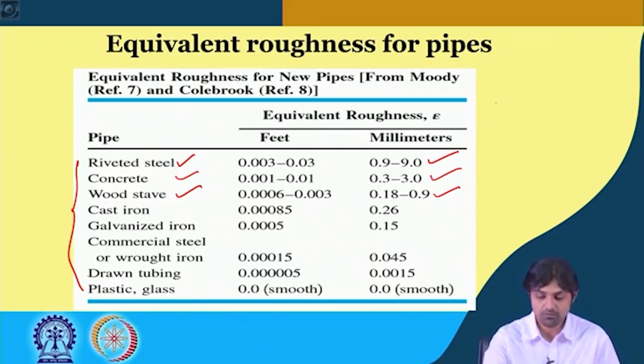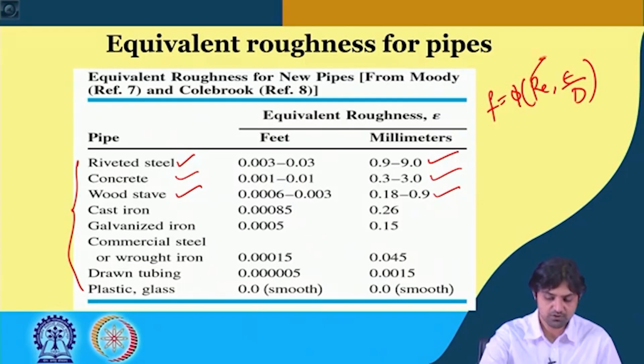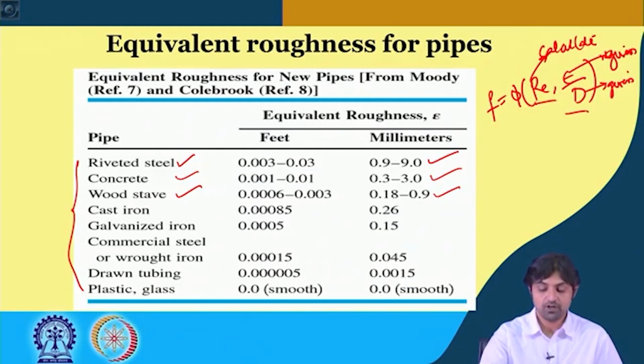Now you remember f, the Darcy friction factor, was a function of Reynolds number and epsilon by d. Reynolds number we know how to calculate. Epsilon would be given and d would also be given, right? So we know everything, but how it is dependent we don't know, correct? This part we still don't know.